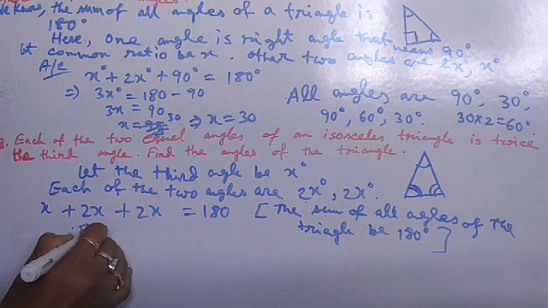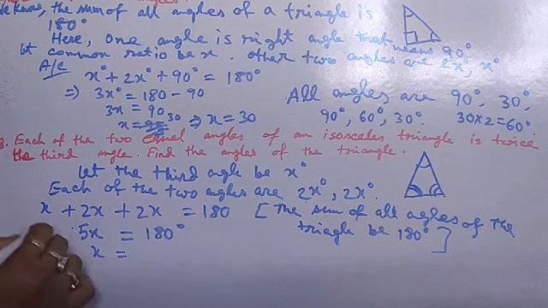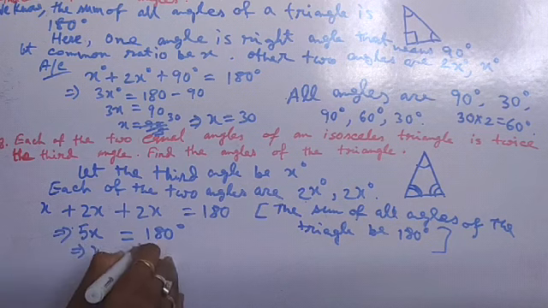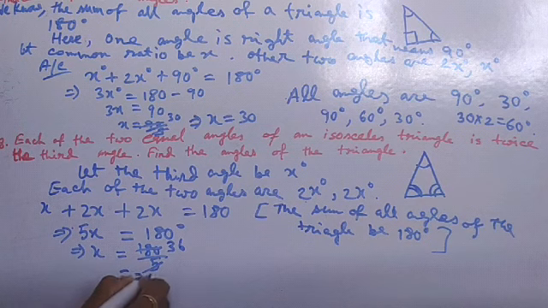So here 5x equal to 180 degree, x equal to 180 divided by 5. So 36 degree, x equal to 36.